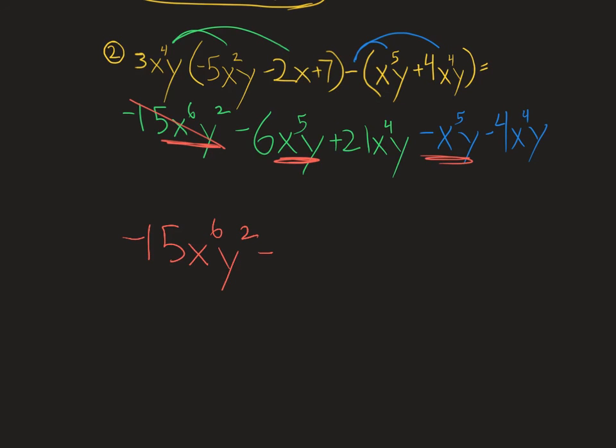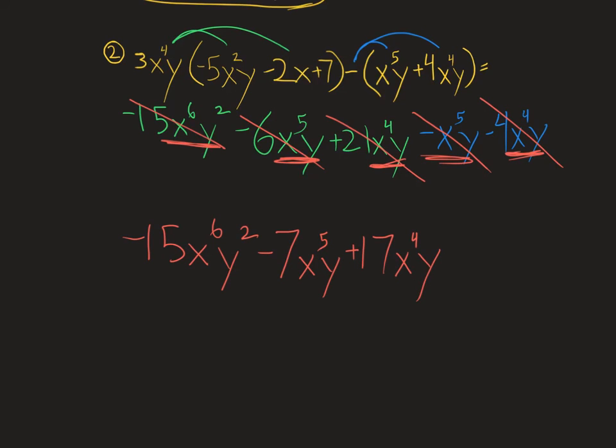So -6 and -1 is -7 x to the 5th y. Used those guys. And some x to the 4th y's. Yep, 2 groups of x to the 4th y. 21 minus 4 is positive 17 x to the 4th y. Check standard form. Yep, 6, 5, 4 on our exponents. We're good. There you go.